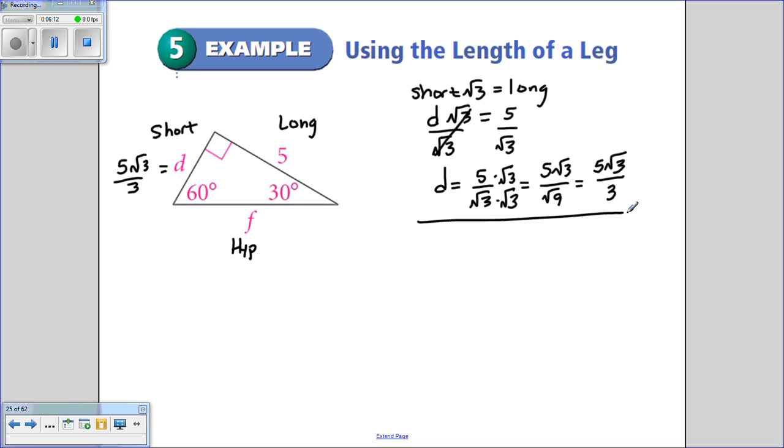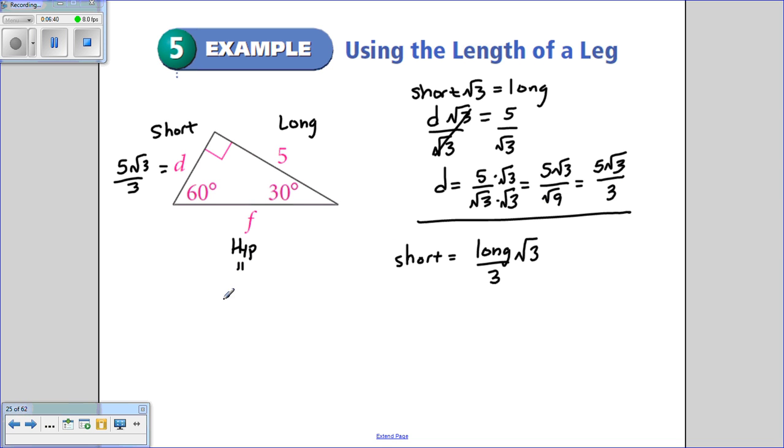Now there is a shortcut. If the long leg does not have a radical 3 on it, or it has a different radical, to get that short leg, we're going to take the long leg, divide it by 3, and then put the radical 3 on the end. So as you can see, that's an easier way to go about it instead of doing this whole thing.